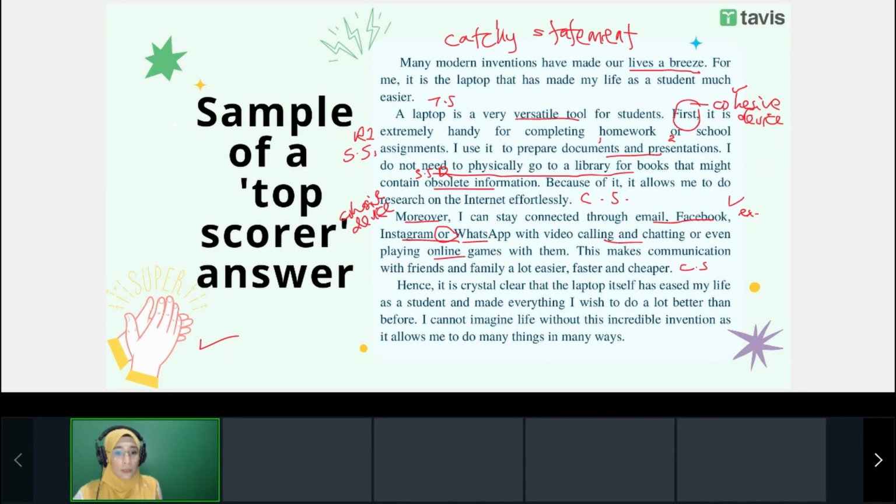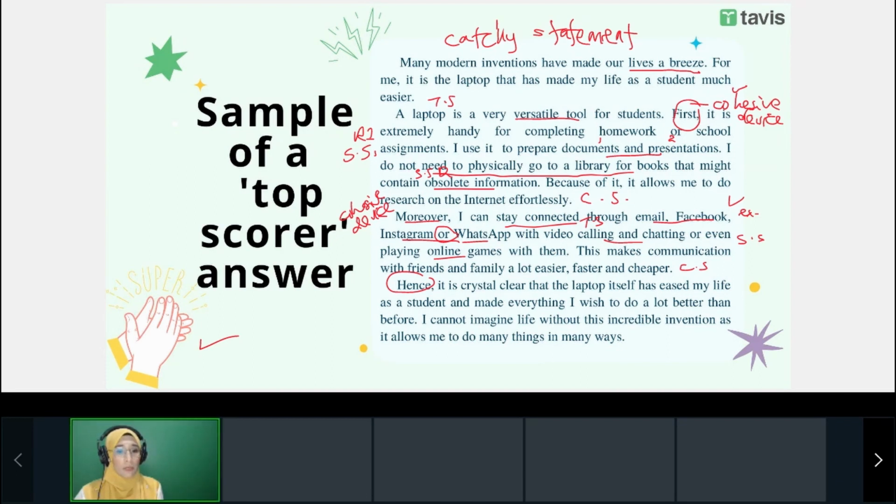So here, staying connected is the topic sentence and providing reasons, Facebook, Instagram, with video call, chat, and everything, that is your supporting sentence and concluding sentence. Hence, another cohesive device, it is crystal clear that the laptop itself has eased my life as a student and made everything I wish to do a lot better than before.